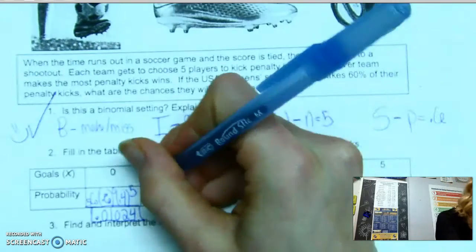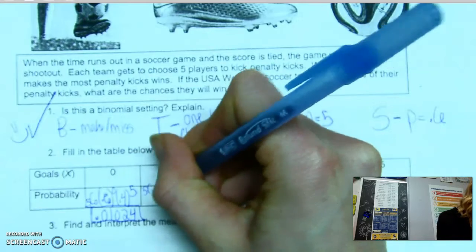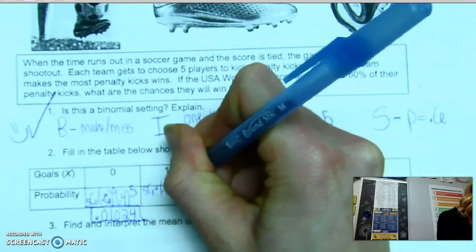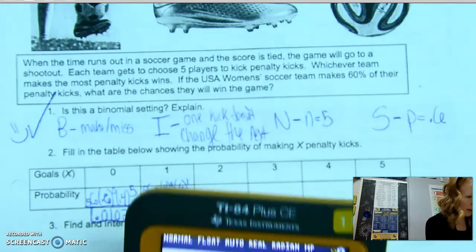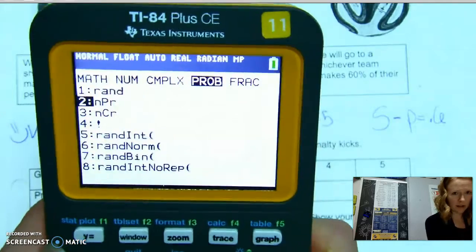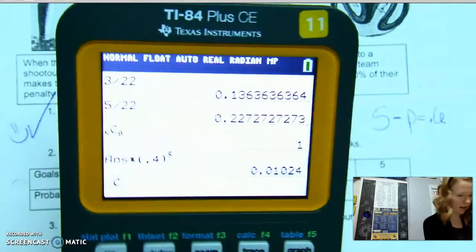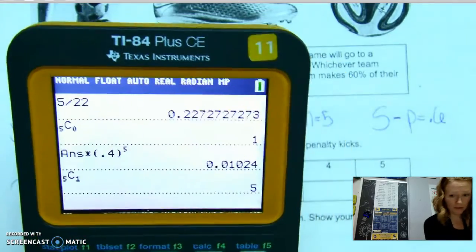So I could do this again: 5C1 times 0.4 to the 4th, times 0.6 to the 1st power, right? So once again, I can go to math, probability, nCr, and then I would have 5 kicks, and I'm only making 1 of them, so that number is 5.